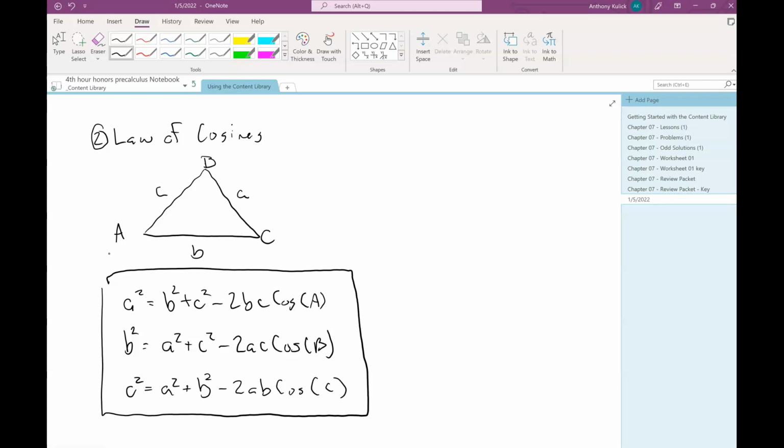If I just make a substitution, like let a equal b, then the first equation turns into the second equation. Or if I say let a equal c, then the first equation becomes the third equation. It's the same thing, just with a letter substitution. Everybody's okay with that?